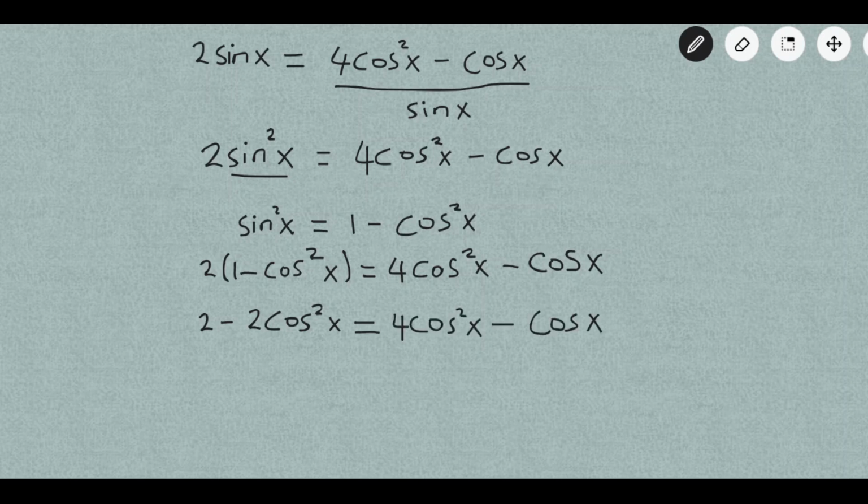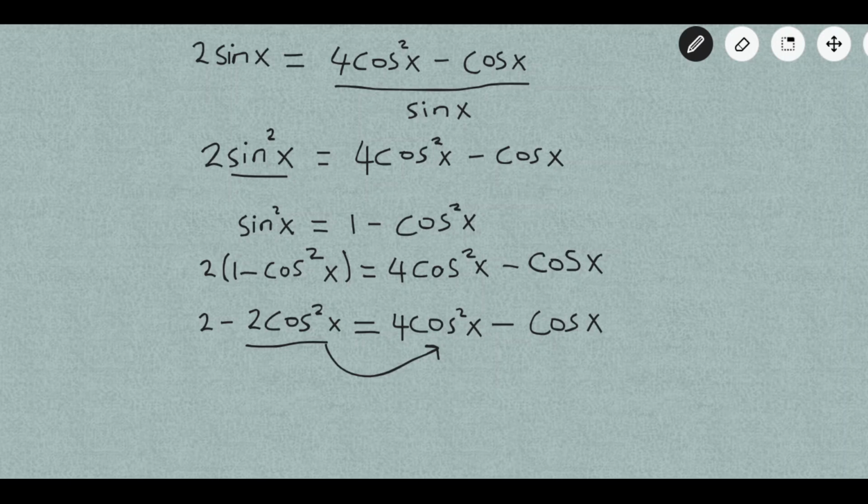Next I'm going to collect the like terms, because I'm going to move this minus 2 cos squared x to the right hand side, and we need to add them together.